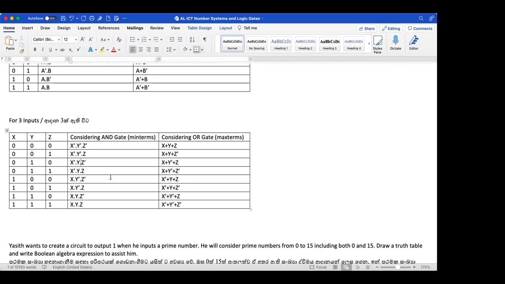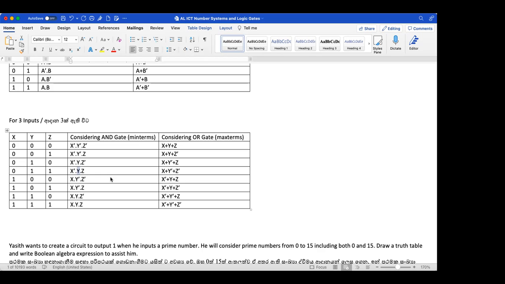Then z naught, z, z naught, z, because where z is 0 you convert it to z naught. So you can get the AND format of the min terms like this. Getting min terms is very easy.